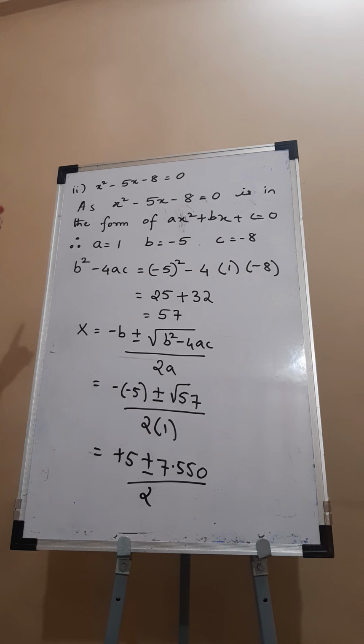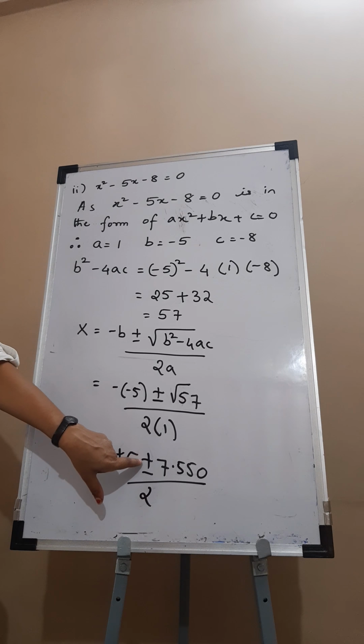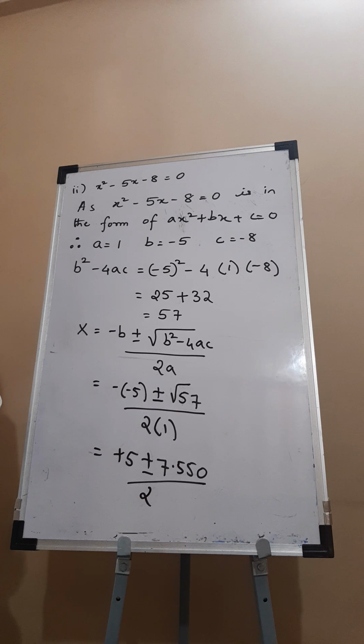Now, if you have finished till here, you have to find the value of x, but as plus minus is given in between, you have to split. You have to find the x1 value and the x2 value.